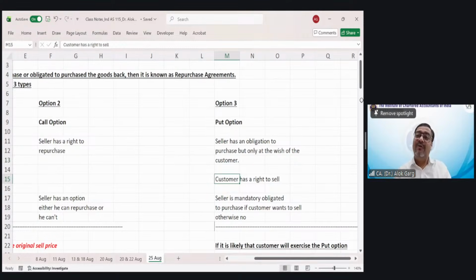If the customer goes to the seller and asks him to repurchase the goods, the seller is mandatorily obligated to purchase. If the customer does not go, the seller will not repurchase.